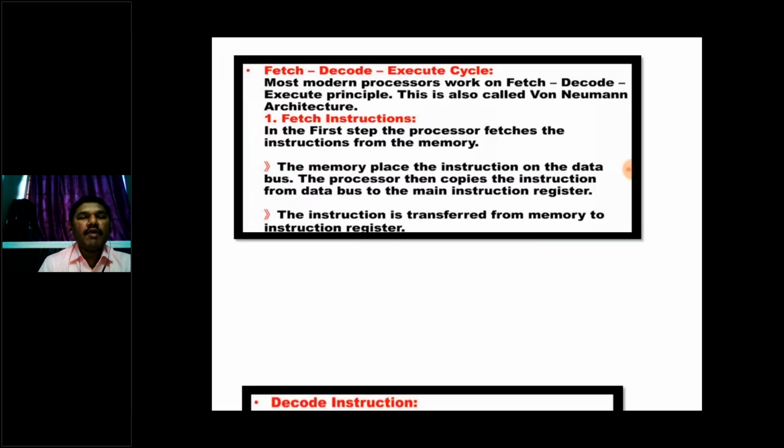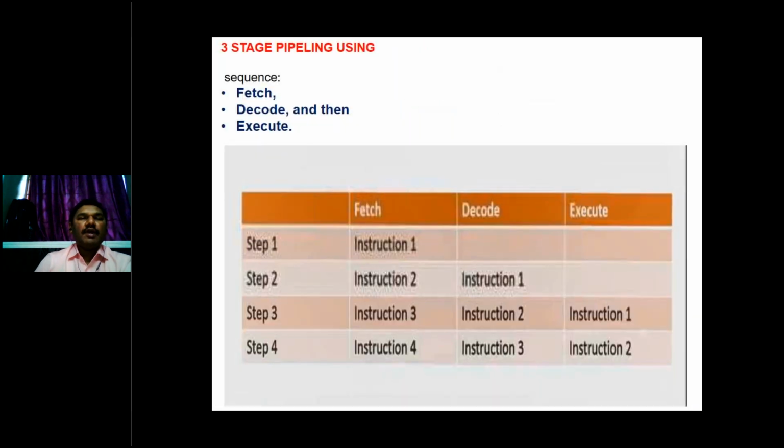Here, what is happening when it is executing fetch, decode, and execution is called pipelining, also called three-stage pipelining. In step one, you can see fetch, decode, and execution. Initially we fetch instruction one.